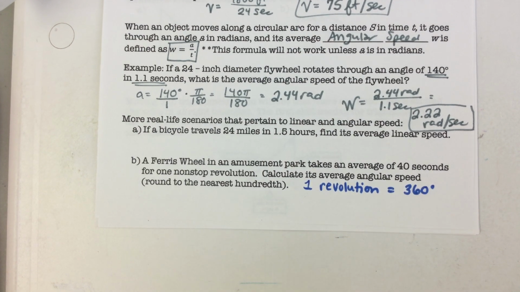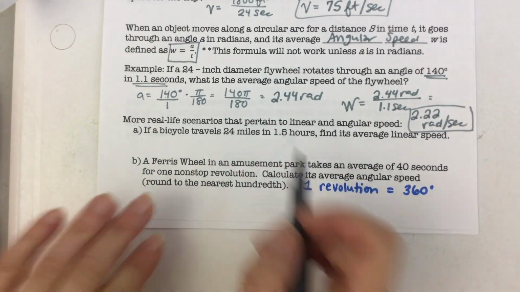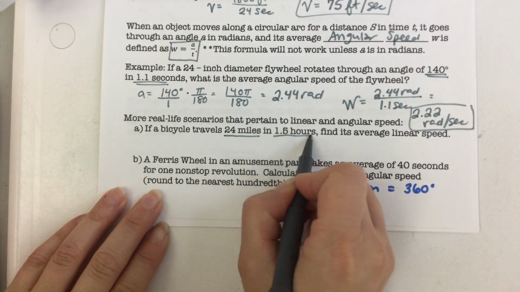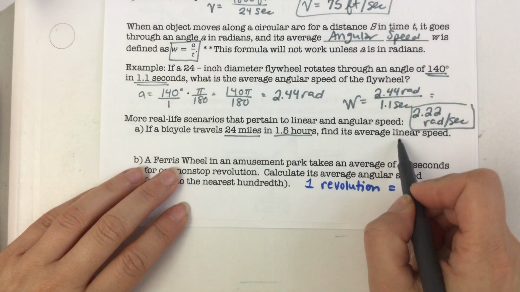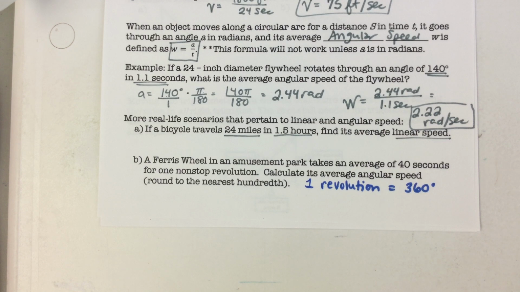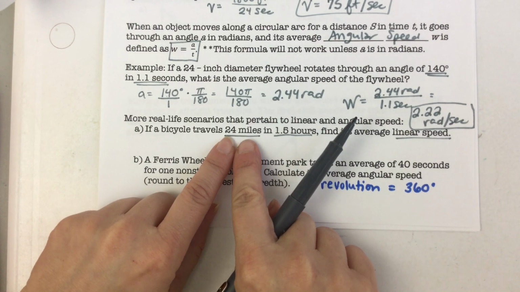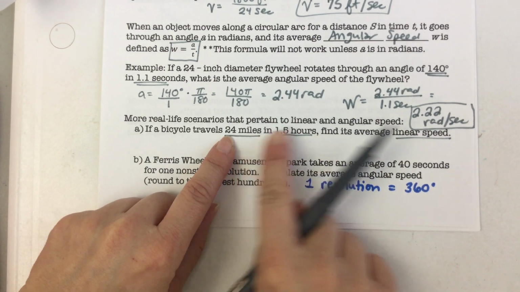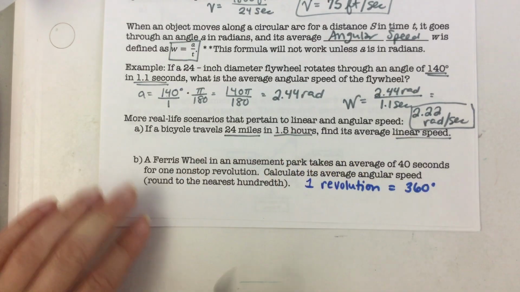Real life examples. If a bicycle travels 24 miles in 1.5 hours, find its average linear speed. So we're talking about how much the bicycle actually traveled versus, we could be all tricky and just talk about how much the tire rotated, then it'd be angular speed. But we're saying the bicycle traveled a linear distance of 24 miles in 1.5 hours, find its linear speed.